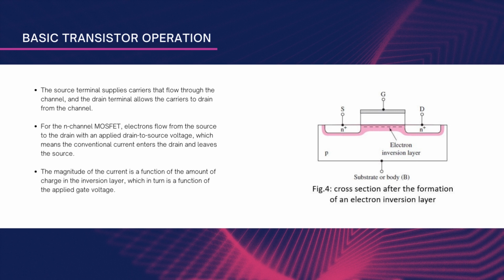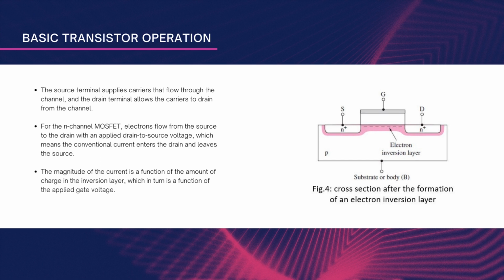You will find that the drain current will be in the inward direction at the drain terminal. This is because the electron current flows from the source to drain, and the conventional current direction is opposite to the electron flow.